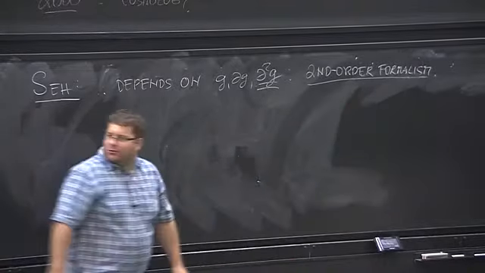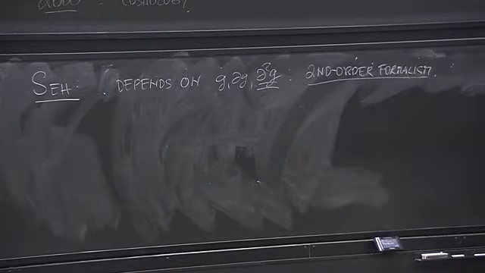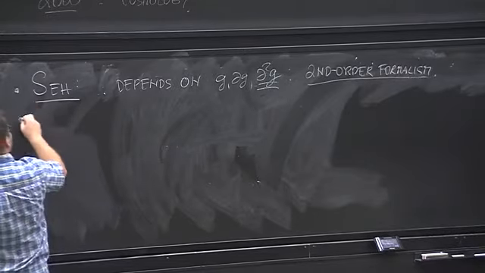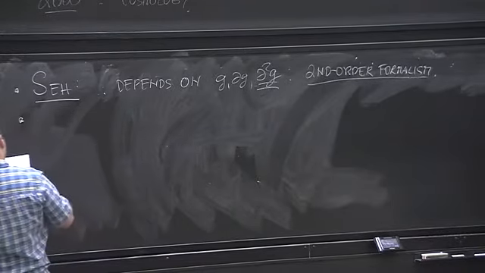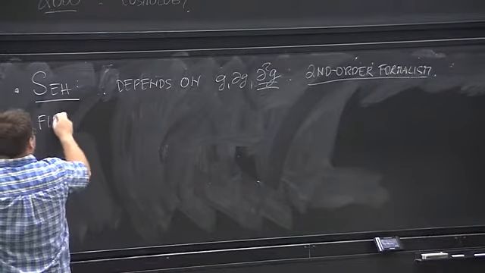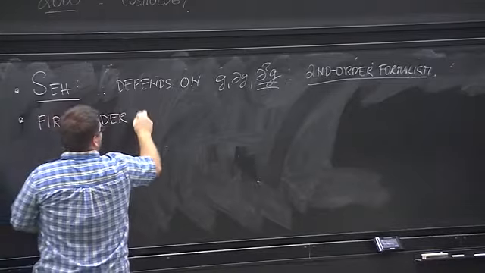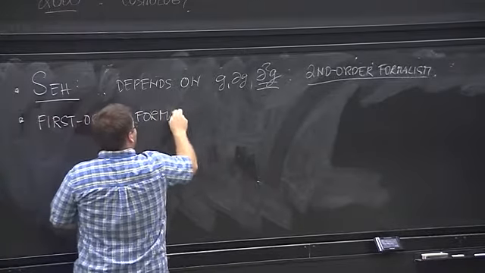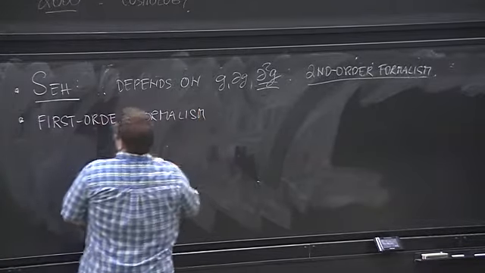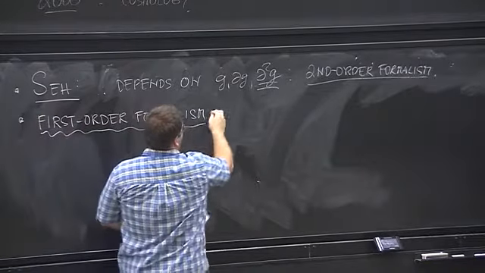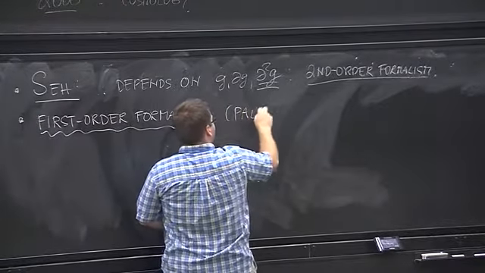So you see there are lots of fishy things going on, like we are throwing away the boundary term, which we are technically not allowed to throw away. Now there is a different action, called the Palatini action, and it's called first order formalism, which makes things a little bit more satisfactory.